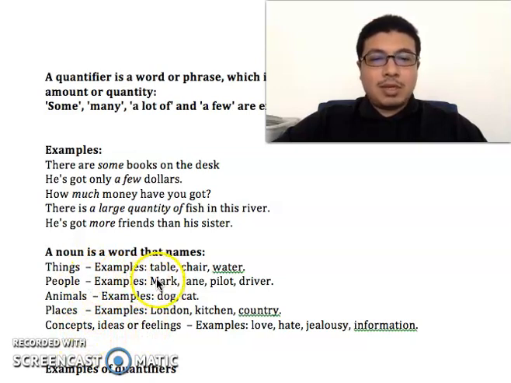Things like table, chair, or water; people, the name of people, the job, the occupation, the profession; animals; places, name of places, countries, and places in our house, for example, like kitchen; and concepts or ideas or feelings like love, hate, happy, jealous, or information. So that would be a concept.